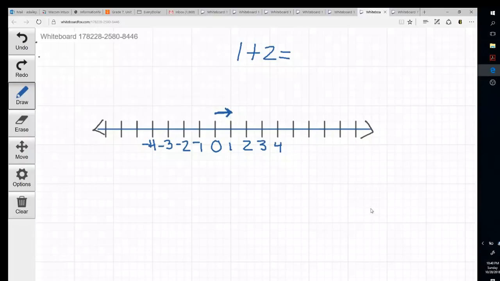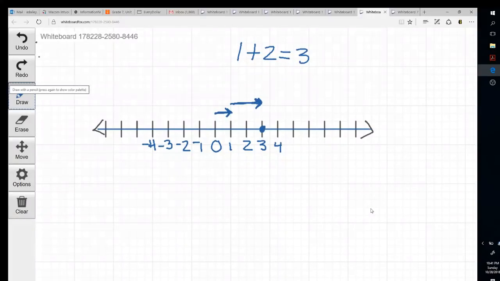So that is our 1. And then we're going to add 2 more to it. So we went 1, 2, also to the right because we're adding a positive 2. And that let us land on 3. So 3 is the answer to our problem. 1 plus 2 is 3.